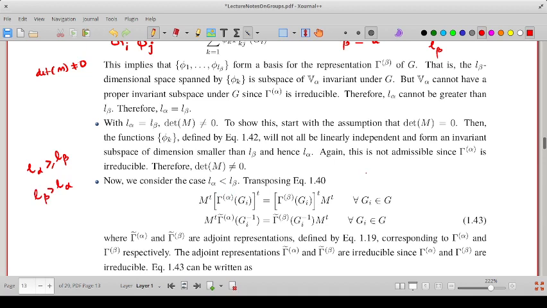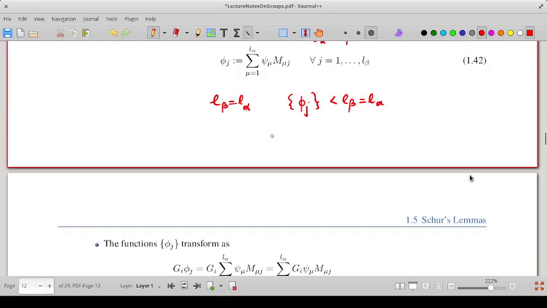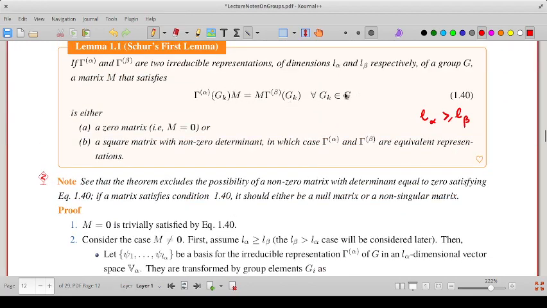For this we consider the initial condition that gamma alpha of Gi times M should be equal to M times gamma beta of Gi for all Gi. That is this condition.